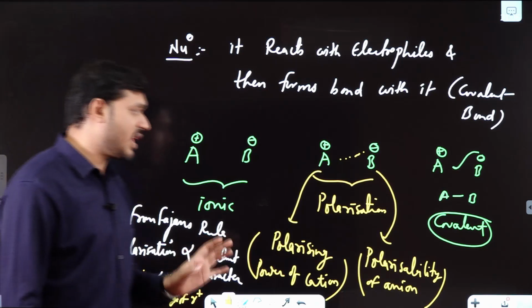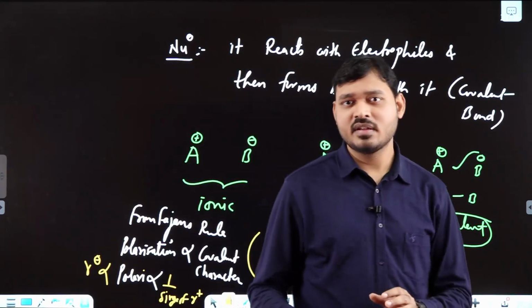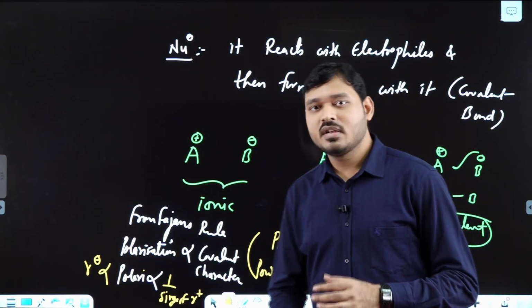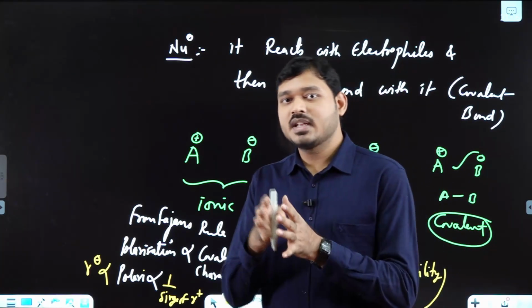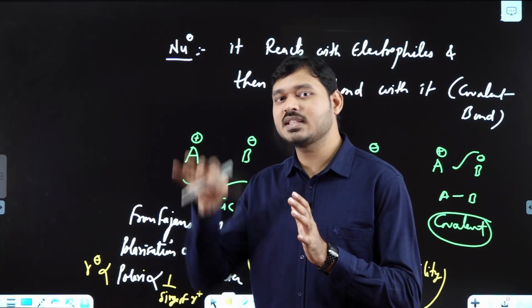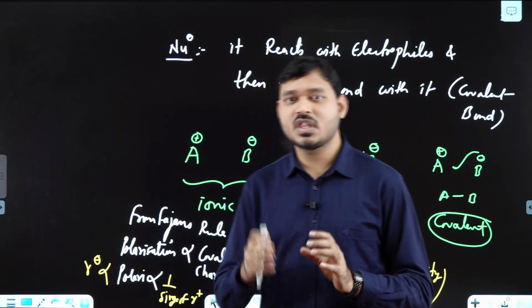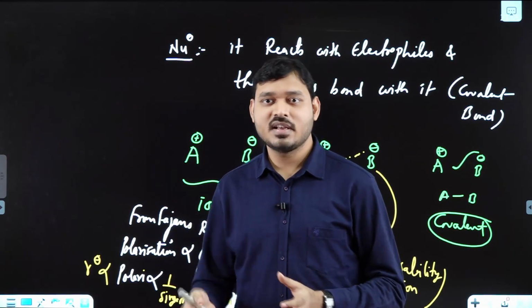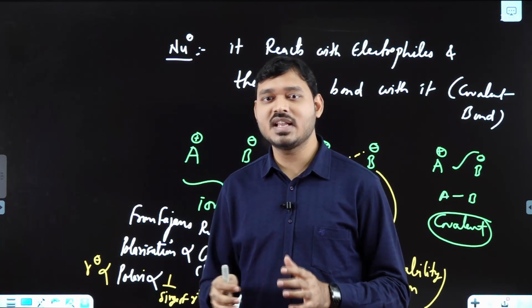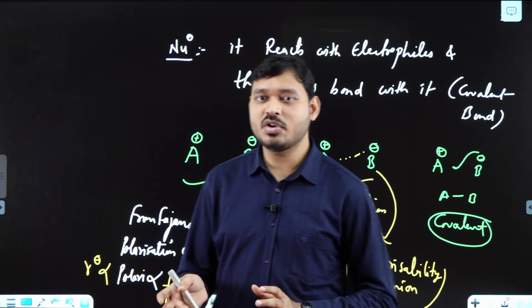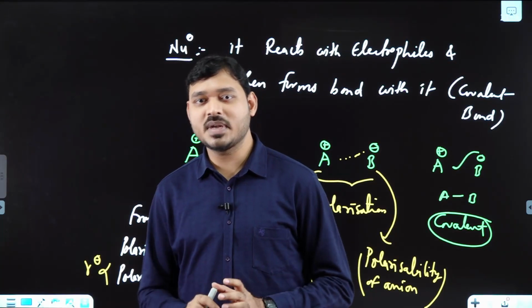Now I will tell you what happens. See, if we go up to down in the periodic table, suppose F minus and Cl minus, then what happens? Due to increase in size, the electron holding capacity of that anion is decreased, and hence it is less basic in nature. But when we talk about nucleophilicity, then what happens?